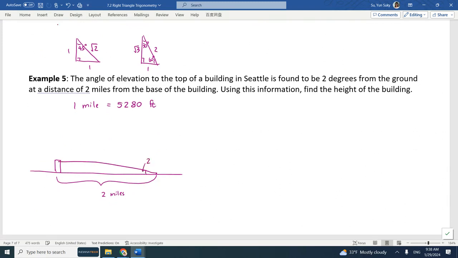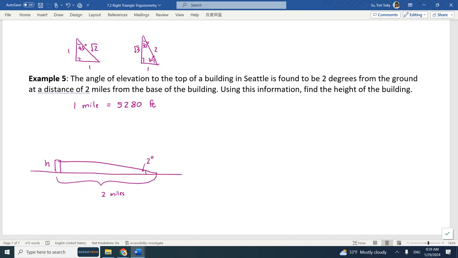So 2 degrees is so small. And we want to find the height of the building. Okay, everybody? That's the picture. And 2 miles. We want to convert the miles to feet. Yes, everybody?